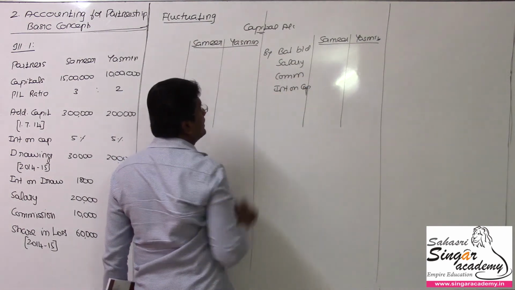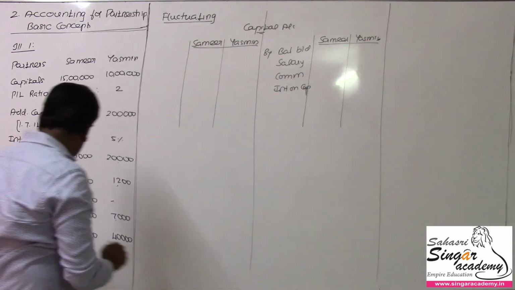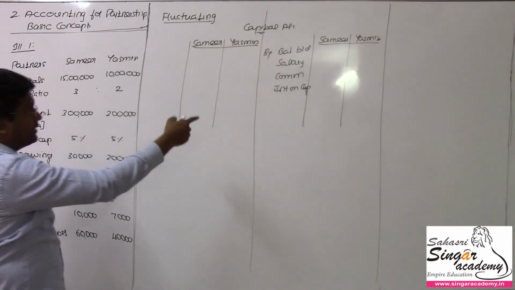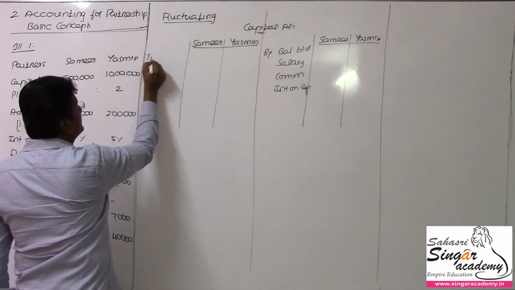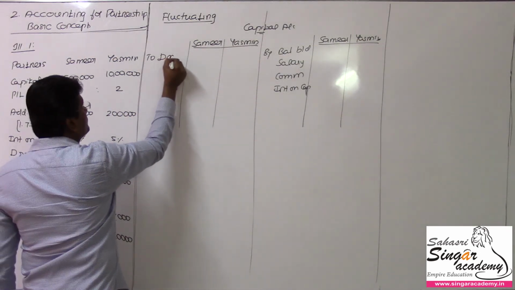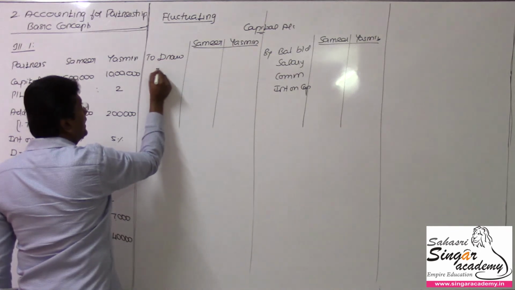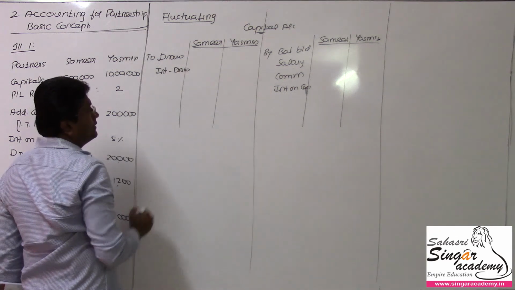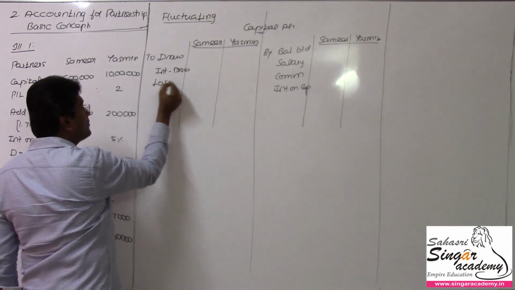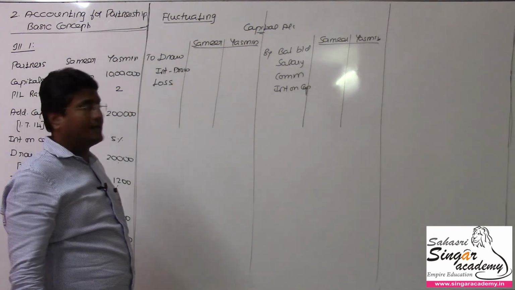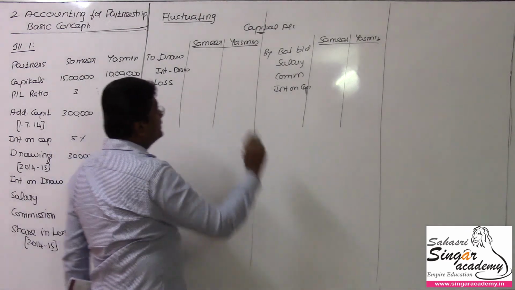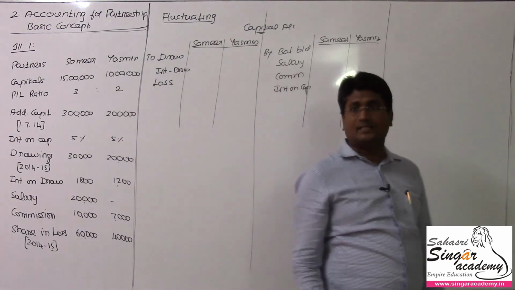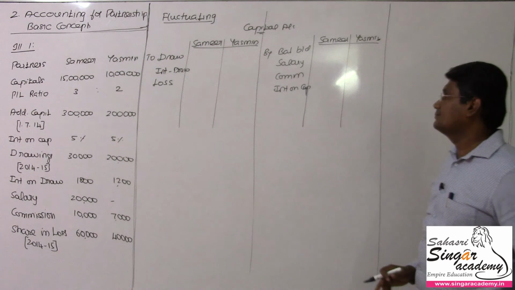In this illustration, the last point is share in loss, so I don't write here, I will write on the other side. So here, drawings and interest on drawings, and then loss, these are the items that will come here. I hope you could understand the basic format. I explained it in detail in the summary lecture.